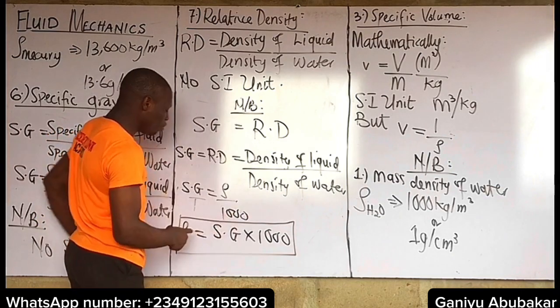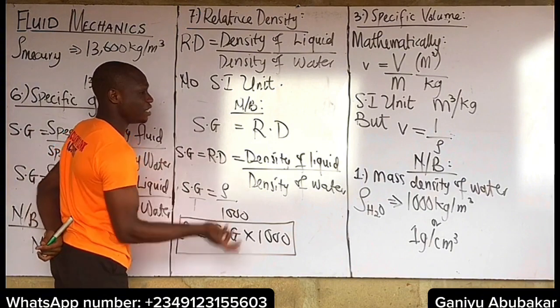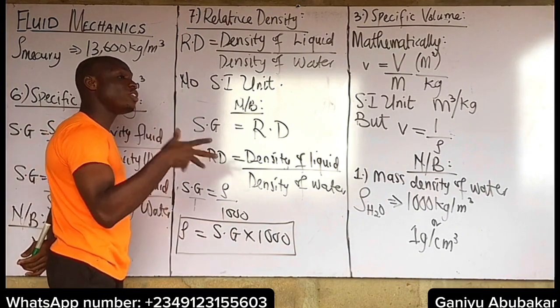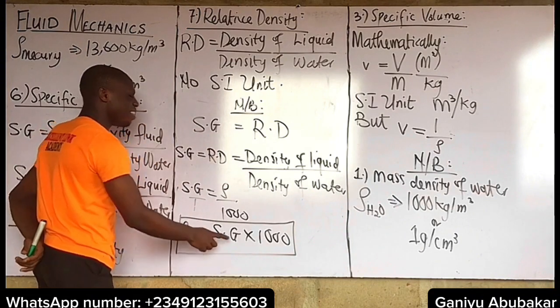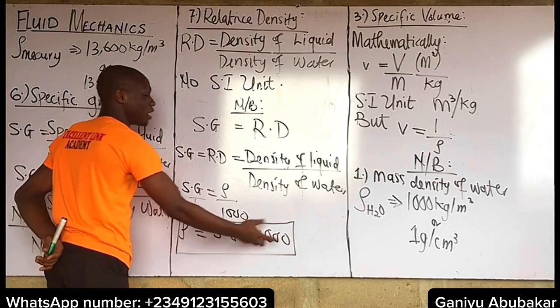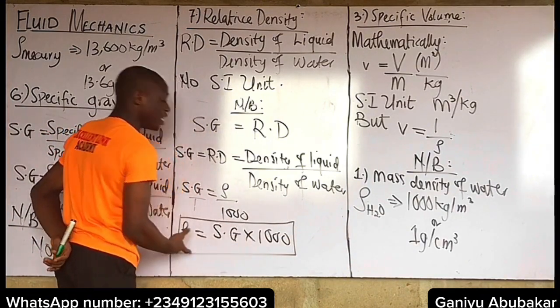Let's say in a question you are looking for density, given specific gravity. Record this formula: density is equal to specific gravity times 1000. Multiply the given specific gravity by 1000, you have the density.